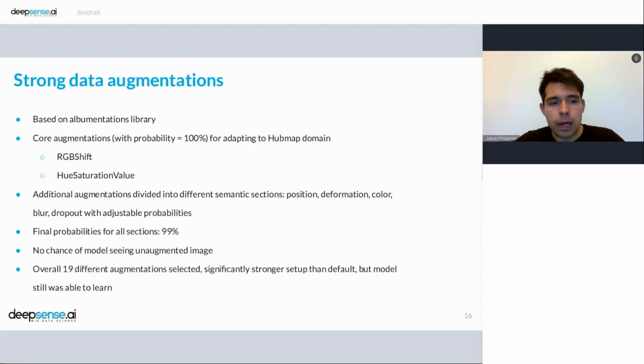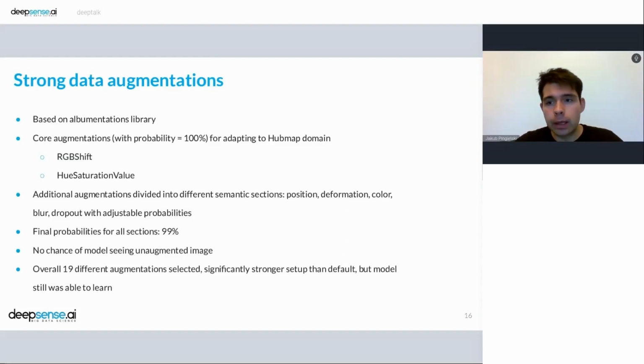I also added some different augmentations, and I divided them into different sections, for instance, position augmentations or deformation augmentations. For each section, I tried different probabilities of applying augmentations from that section during training, but I found out that the best probability for each section was 99%, so very high.